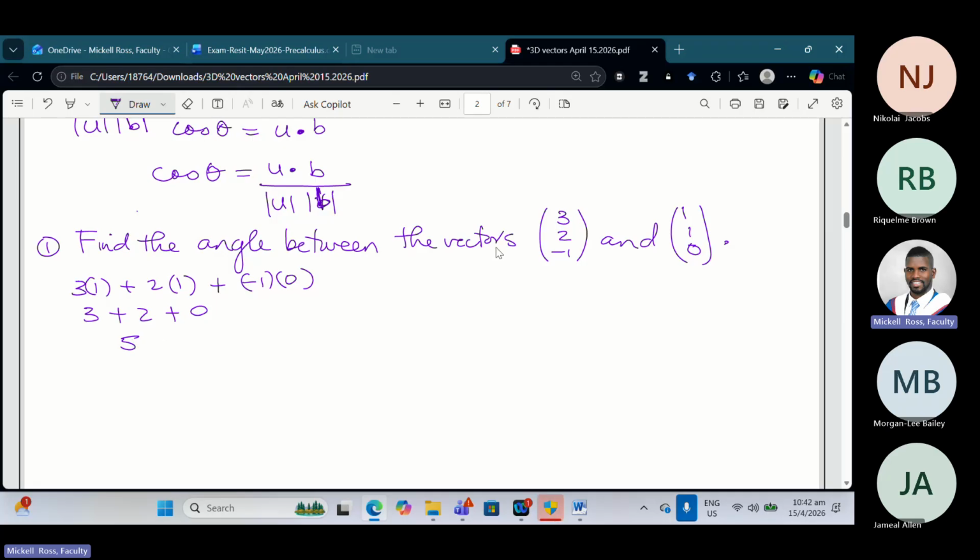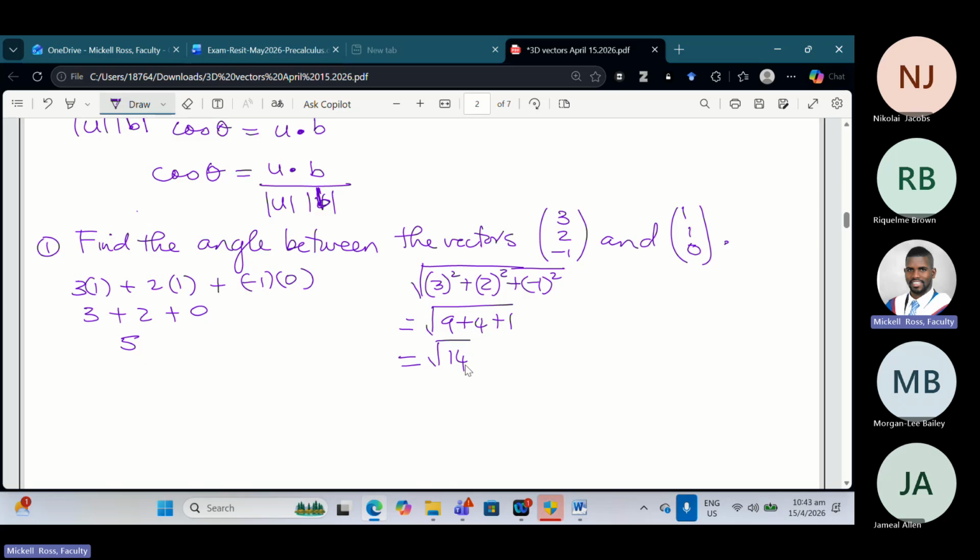And then we take the magnitude of each vector. The magnitude of this vector is the root of 3 squared plus 2 squared plus negative 1 squared, which is the root of 9 plus 4 plus 1, equal to the root of 14.